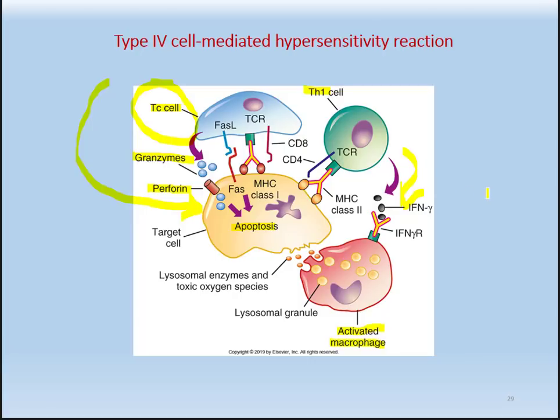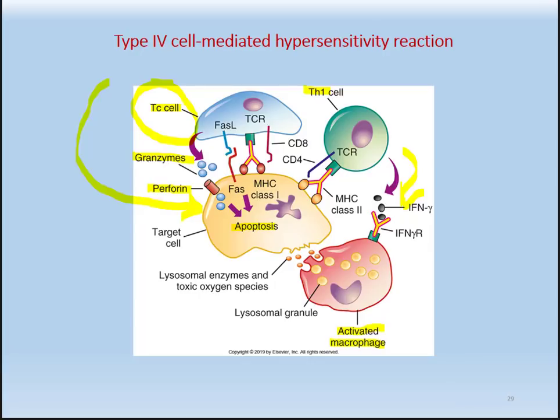But at the end, what ends up happening is destruction of tissue. And when it comes to grafts, that's a problem and quite a concern. Another example of this would be somebody being exposed to poison ivy.